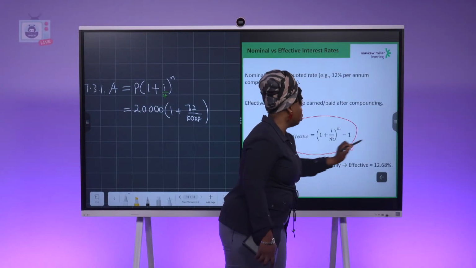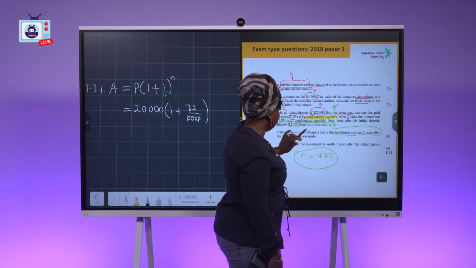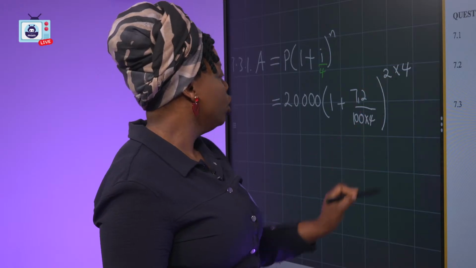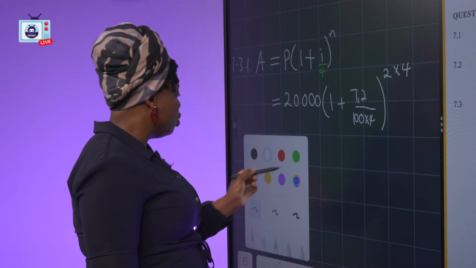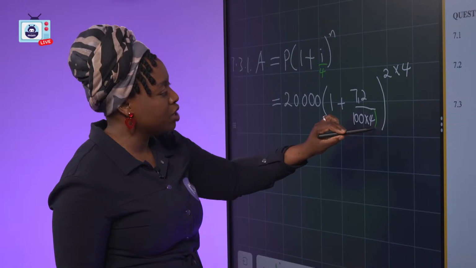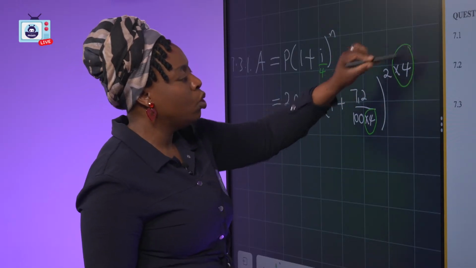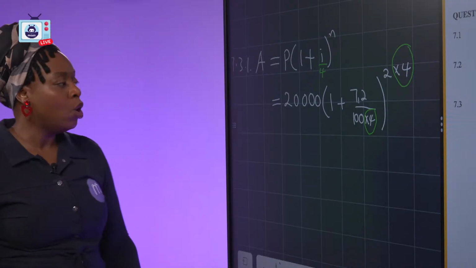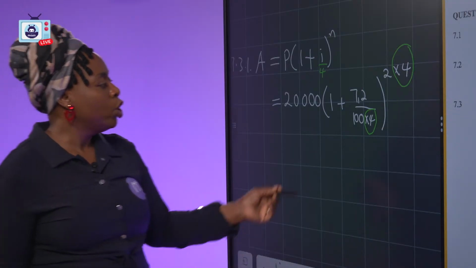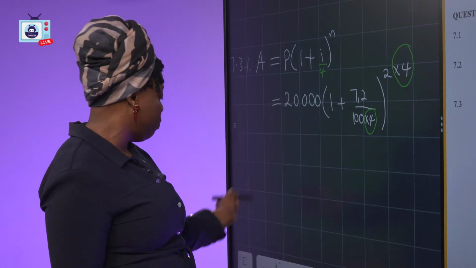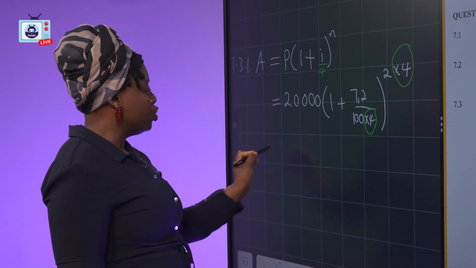So we have our 2 multiplied by 4. Whatever you do to the interest rate, it's actually the similar thing that you need to do to the period, right? So your interest rate will be divided, but your period will be multiplied. And that is how you treat this question.